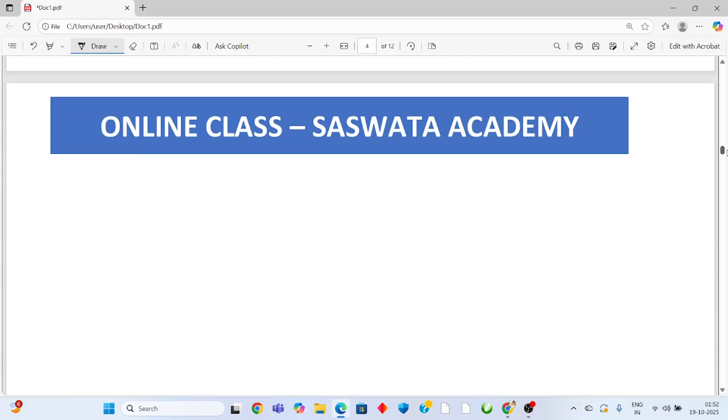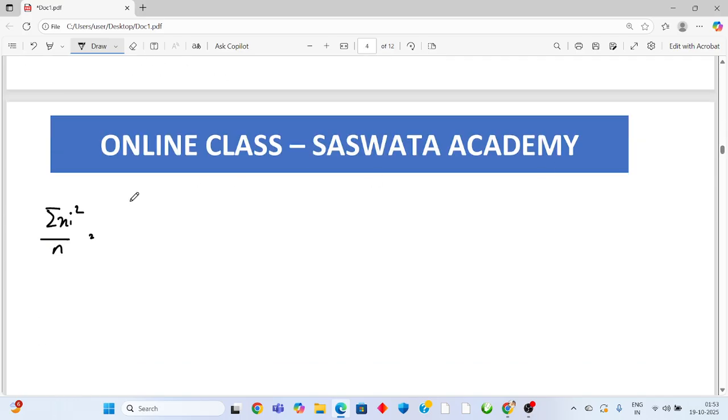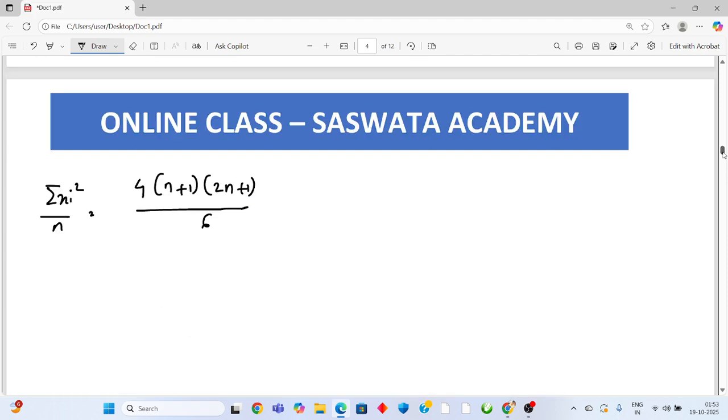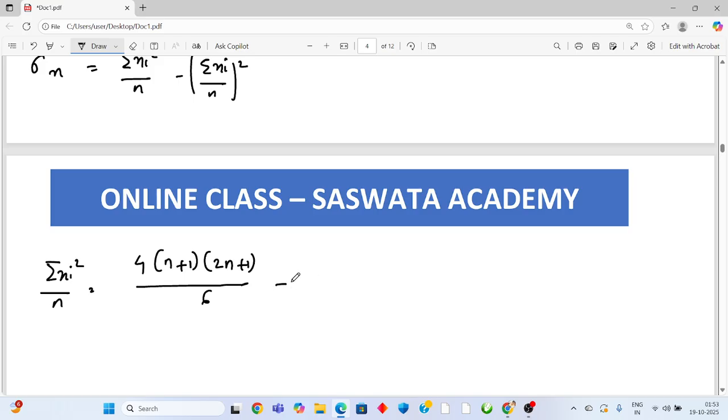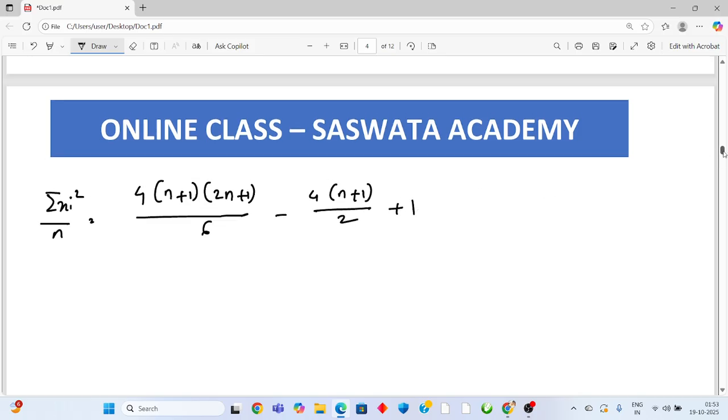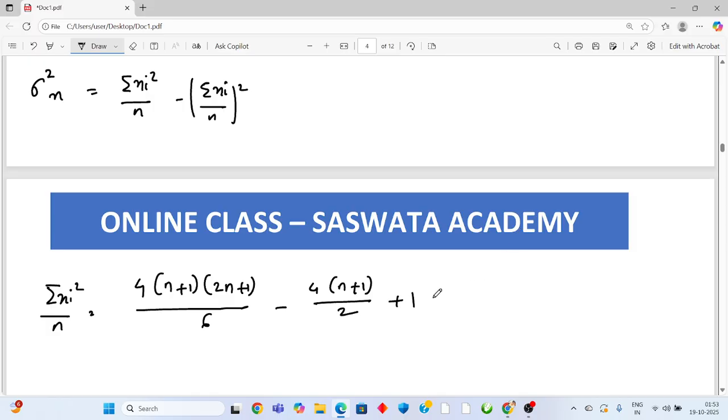So our summation xi square by n is basically 4 into n plus 1 into 2n plus 1 by 6, minus 4 into n plus 1 by 2, plus 1, minus, we are getting summation xi by n as n. So summation xi by n whole square is n square, right?